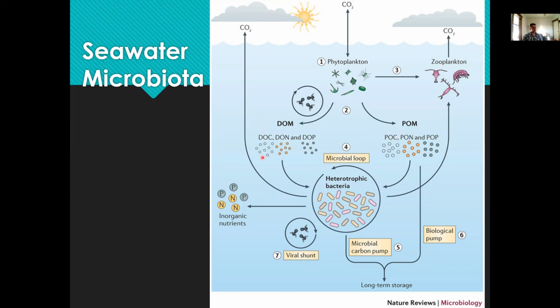So various mechanisms are actually responsible for the DOM net accumulation in the ocean, such as phytoplankton release, grazer-mediated release and excretion, release via viral and bacterial cell lysis, particle remineralization, release from prokaryotes. So there are many, many processes that contribute to this accumulation or this increase in DOM in the ocean water.